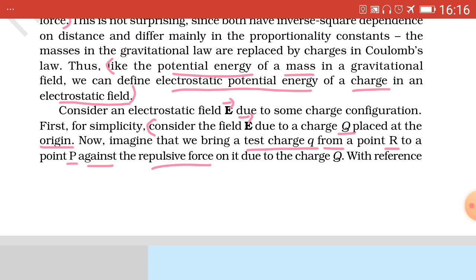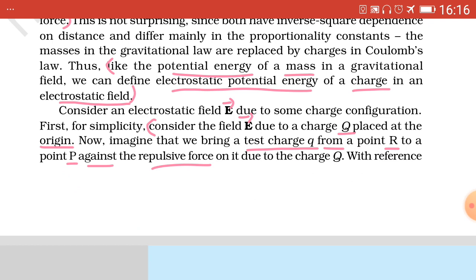Now we consider the electrostatic field vector E due to some charge configuration. Consider field vector E due to charge capital Q placed at the origin, which we shall see in the diagram now.